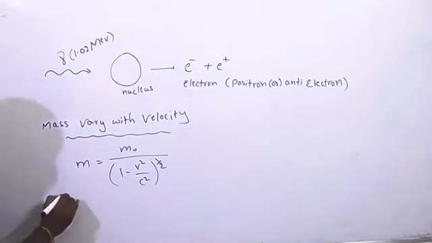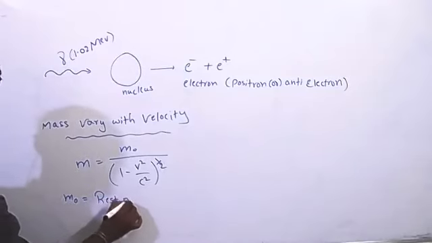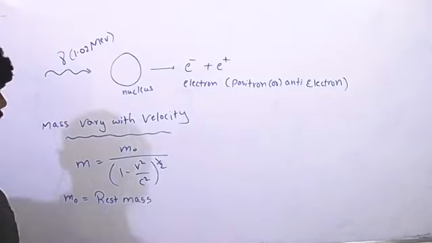Here m naught is the rest mass. V is the velocity of the body.